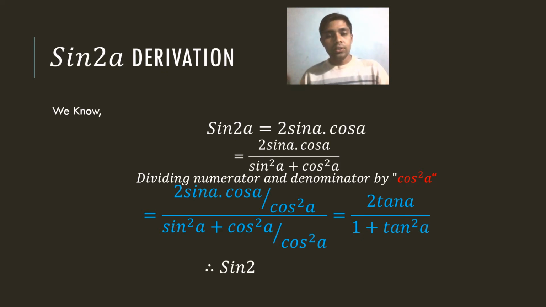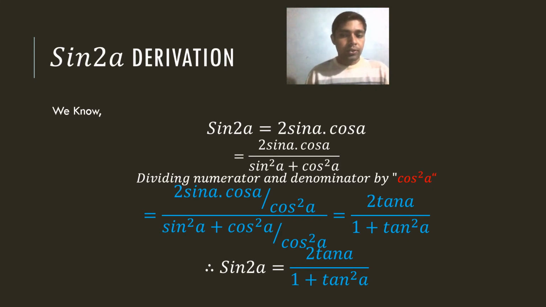So finally we get sin 2a in tan format. As a result, sin 2a equals 2 tan a upon 1 plus tan square a. This is our final value of sin 2a in tan format. In the same way we can also get the value of cos 2a in tan format.